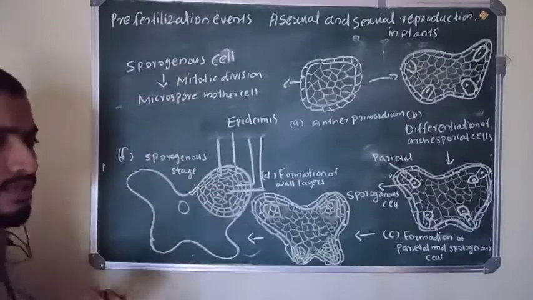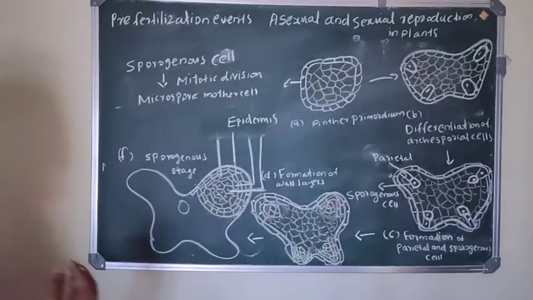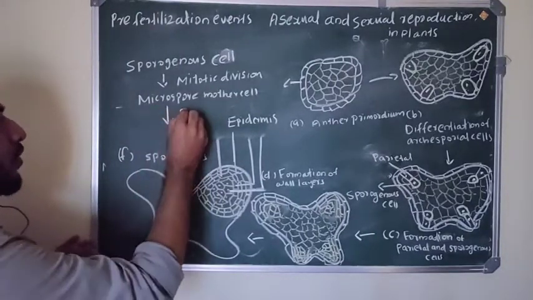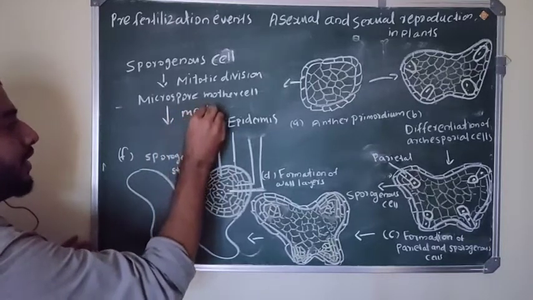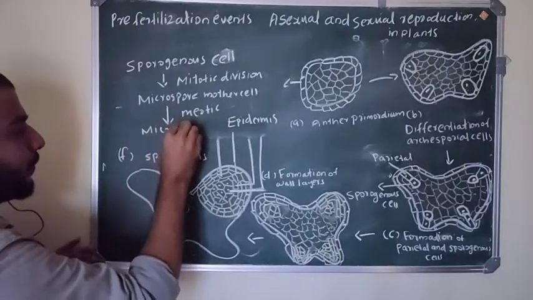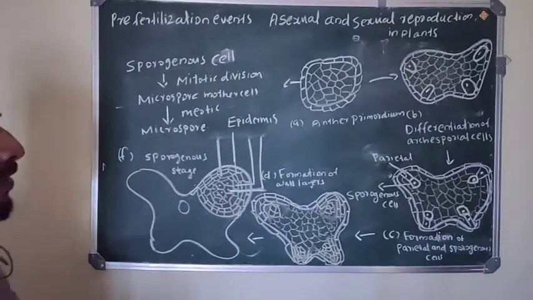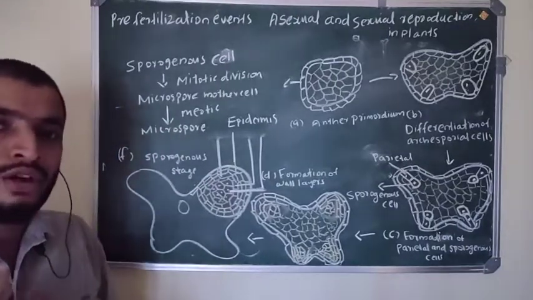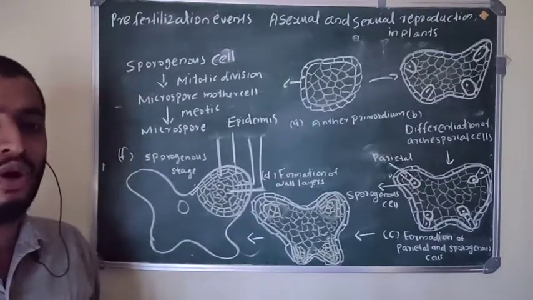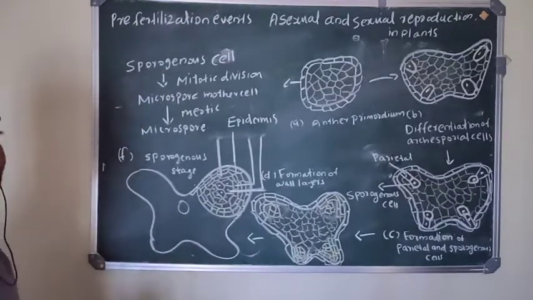The sporogenous cell undergoes mitotic division and develops into a diploid microspore mother cell, and this microspore mother cell undergoes meiotic division and finally forms microspores. That formation of microspores from the microspore mother cell is called microsporogenesis. So these are the steps during anther development.